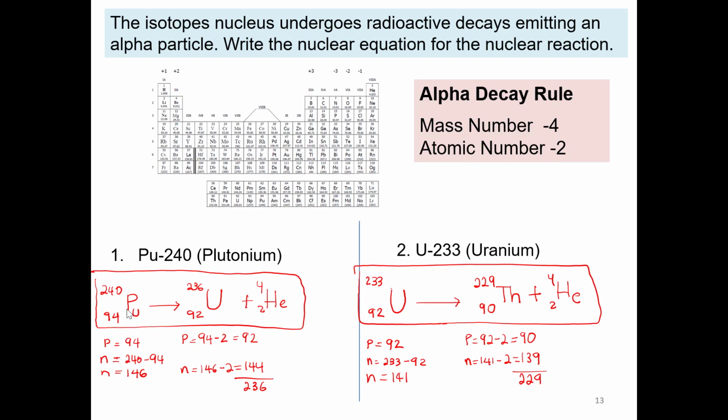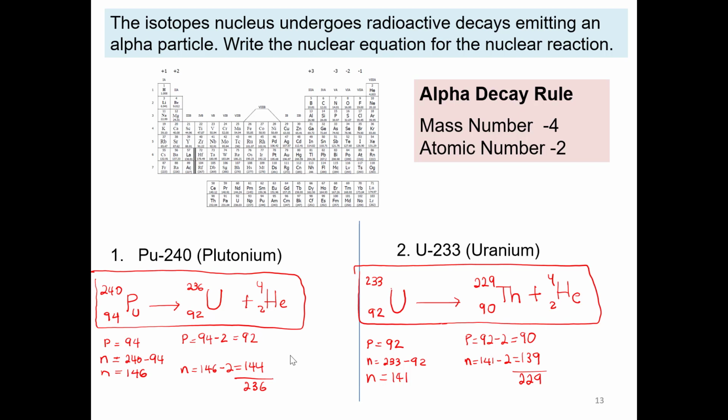Also, you can see the total atomic number and the total mass number are the same on both sides of the equation. You can see 92 plus 2 equals 94 and 236 plus 4 equals 240. And in this case, 90 plus 2 equals 92, 229 plus 4 equals 233. Then when you solve the equation, you can just apply the rule.